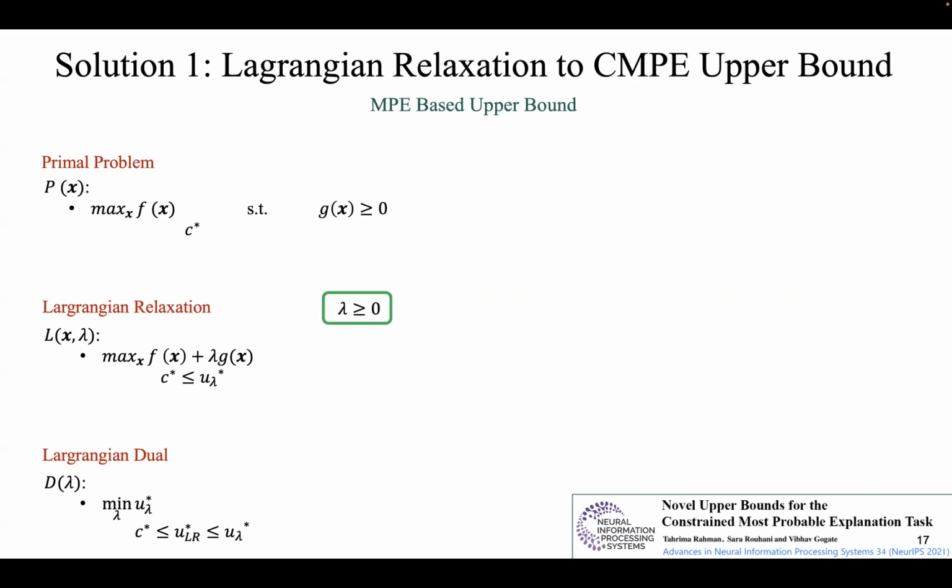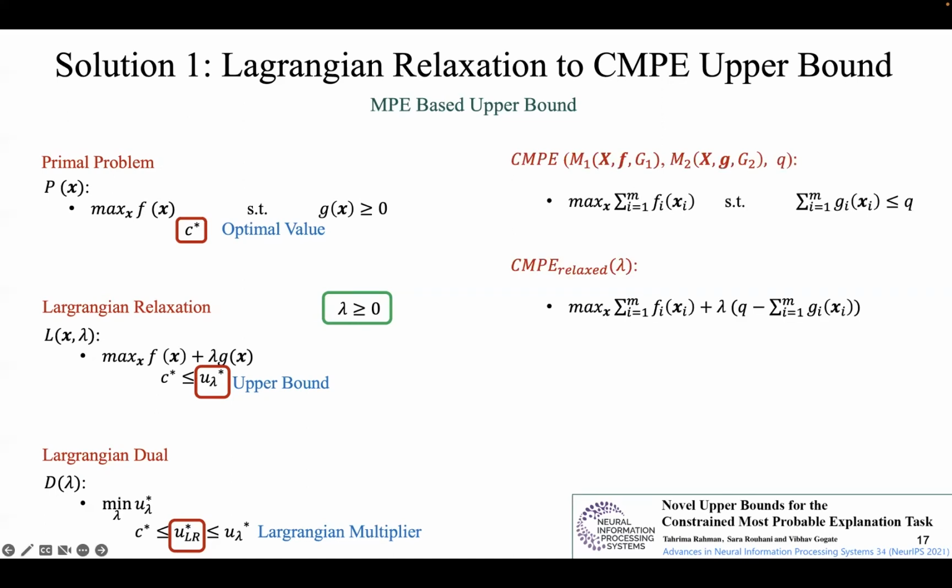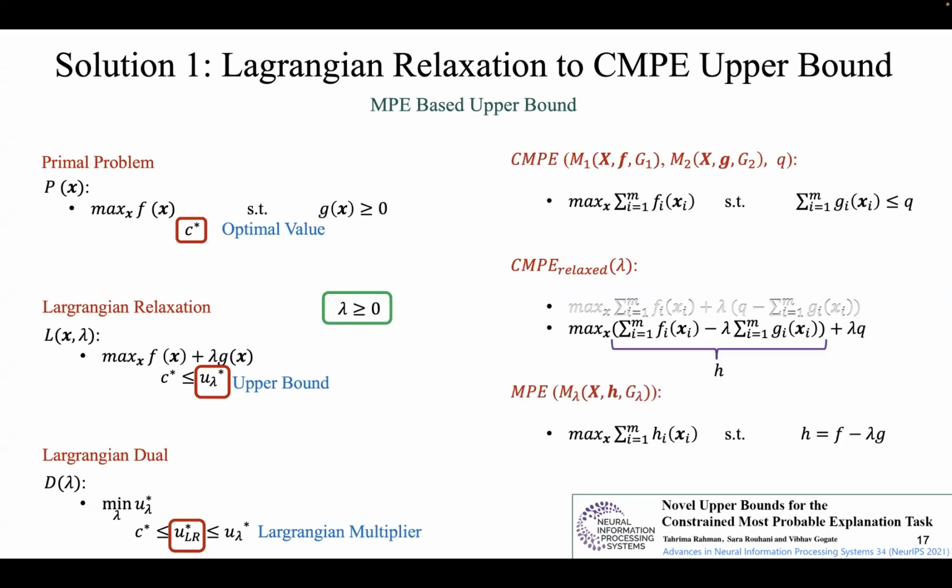The Lagrange relaxation method converts the CMPE problem into an MPE problem by adding an extra lambda parameter and computing this Lagrange relaxation, and then finding the optimal value of lambda, minimizing over lambda, will give you the optimal value, right? So that's the Lagrange relaxation method that we have come up with, and this was a paper that was published last year at NeurIPS.